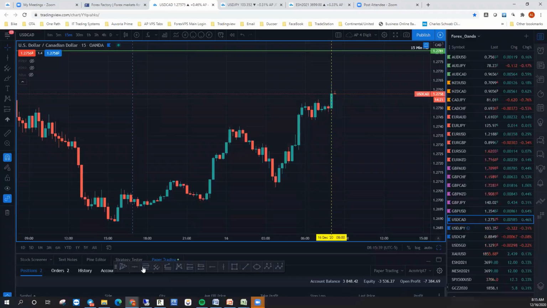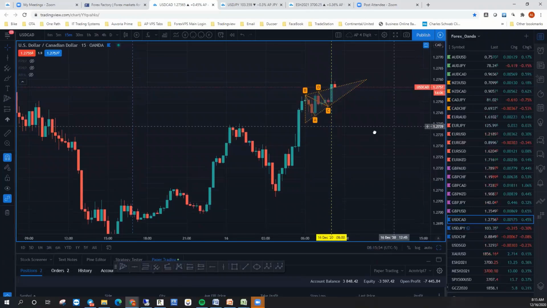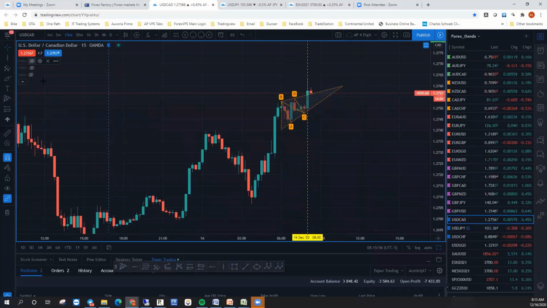So I'm going to draw my wedge, starting with this low to this high to this low, tuck it in, bring it up to there. Here's our wedge alert, breakout here. Right now it broke out, now it's testing the top of the wedge. We are trading to the strength of the dollar.